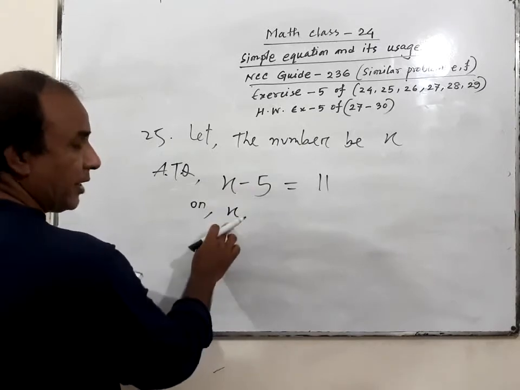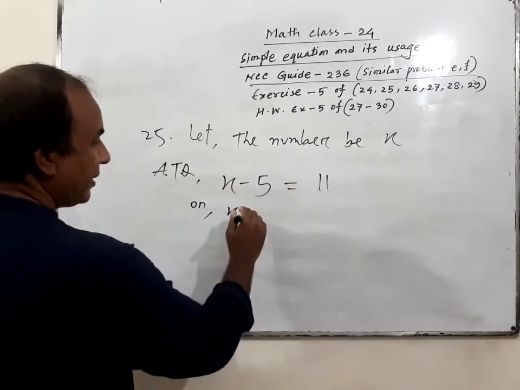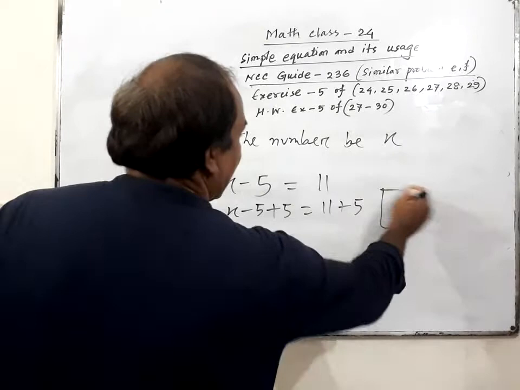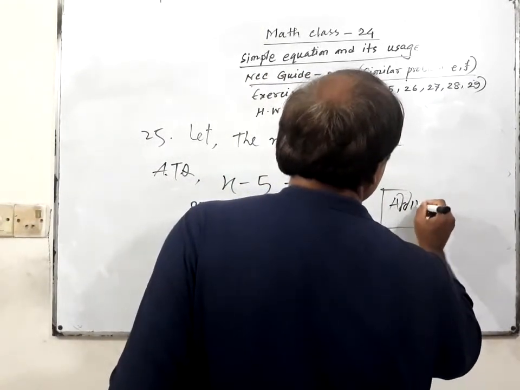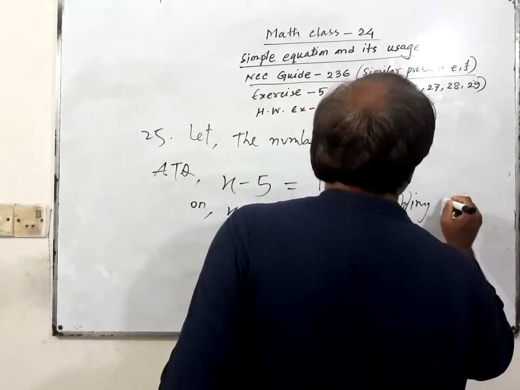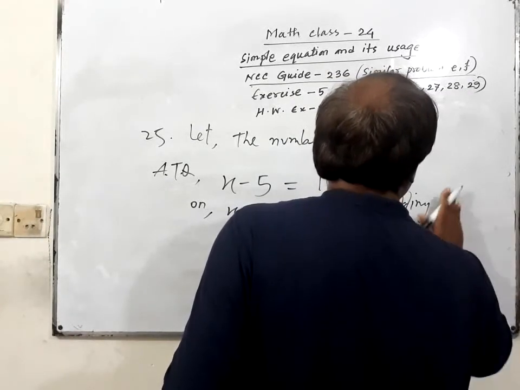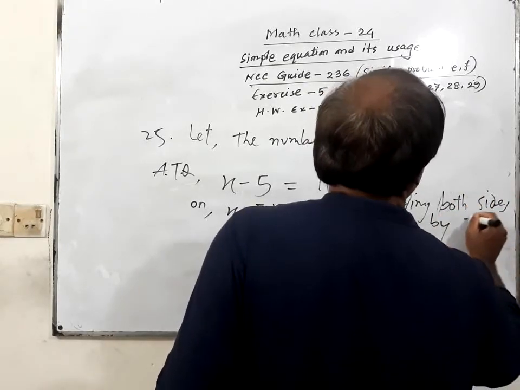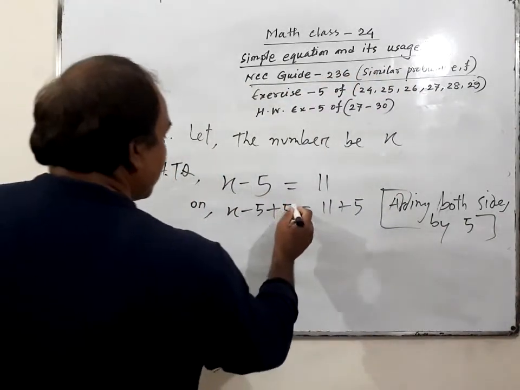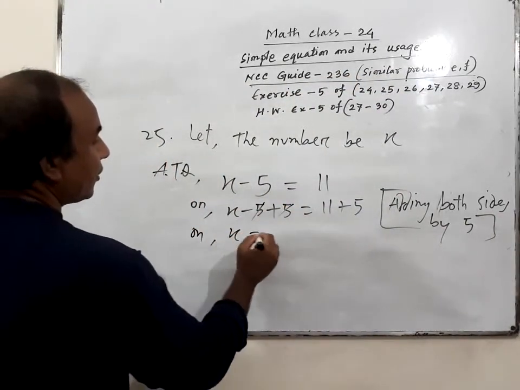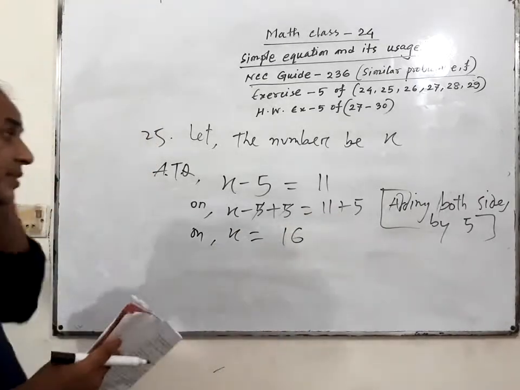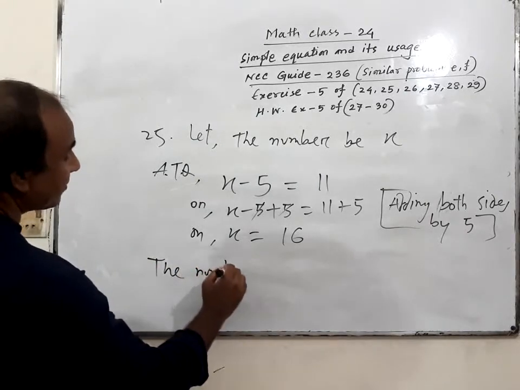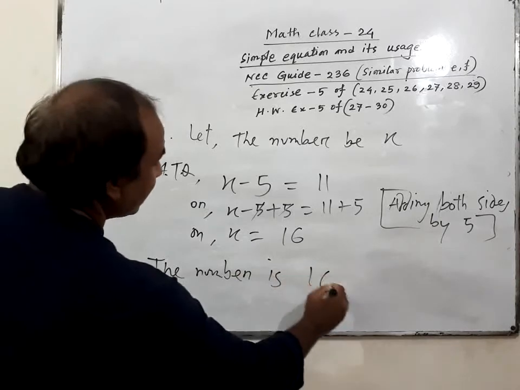If you want to find the value of x, we have to make it 0 by adding 5. So minus 5 plus 5. Adding both sides by 5, x is equal to 16. X means the number is 16. So the number is 16.